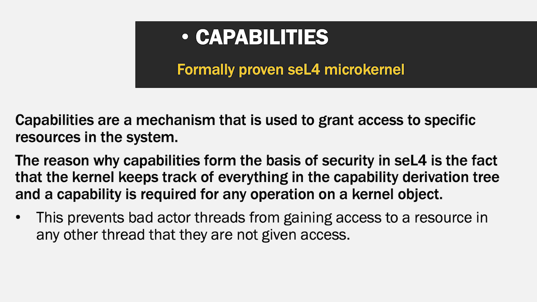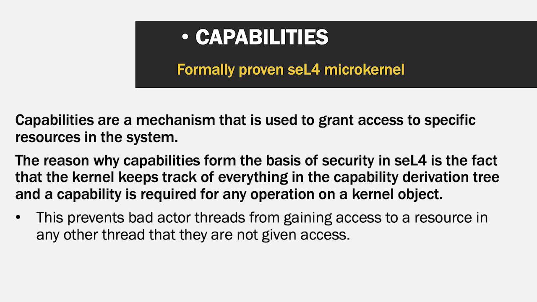And so the reason why these form the basis of security in seL4 is that the kernel keeps track of everything in the capability derivation tree, and the capability is required for any operation on a kernel object. So when you invoke a capability, you're making a system call to the kernel with a capability in mind, and then the kernel understands who is supposed to have access to use that capability and what that capability is supposed to be used for.